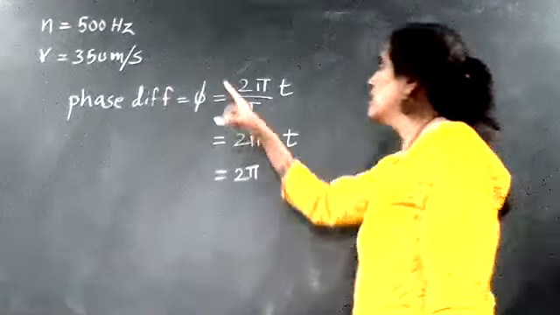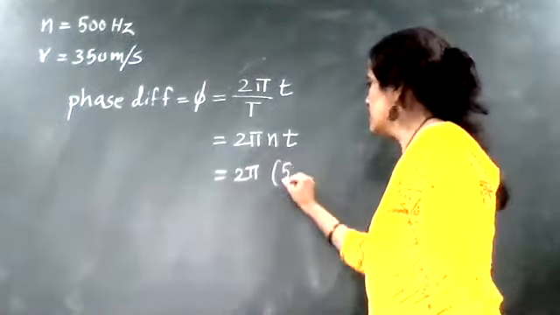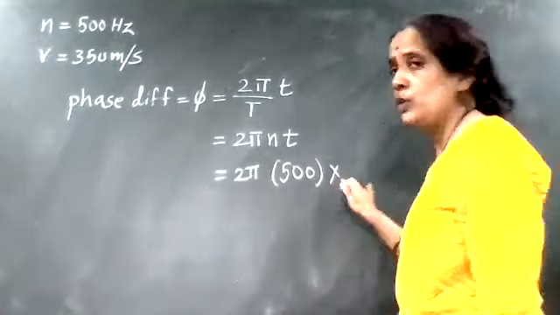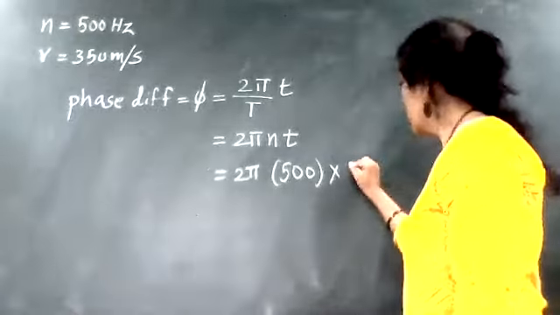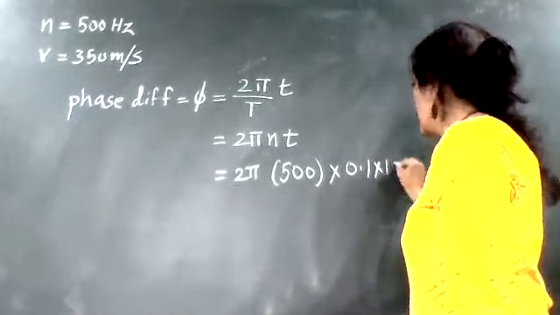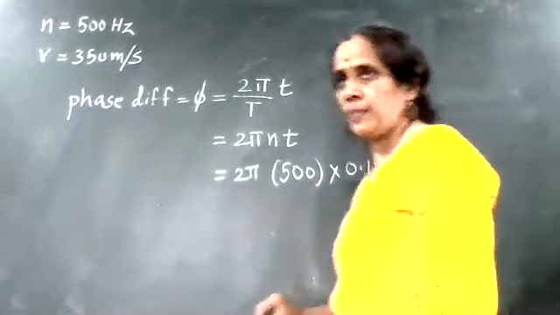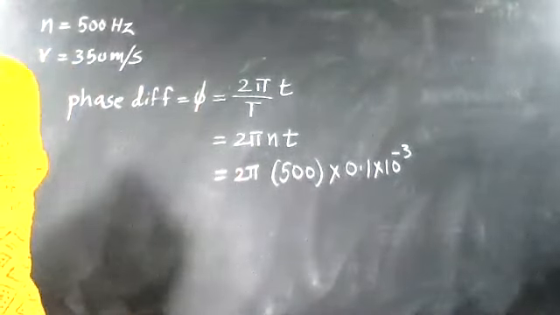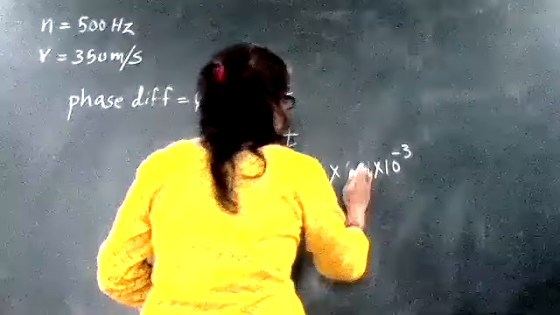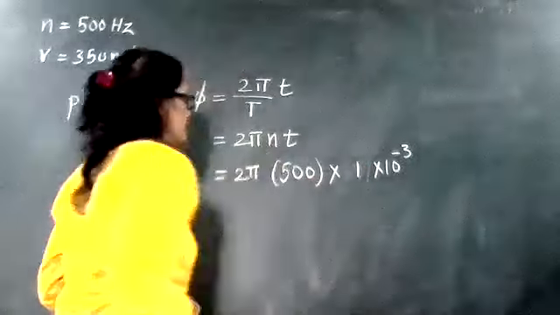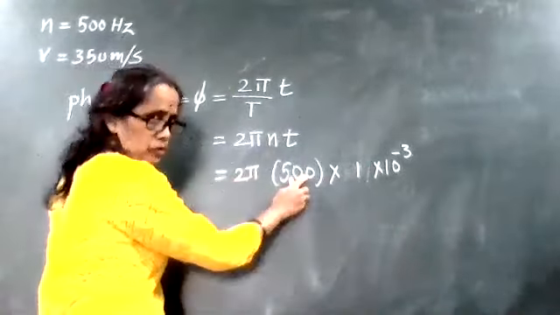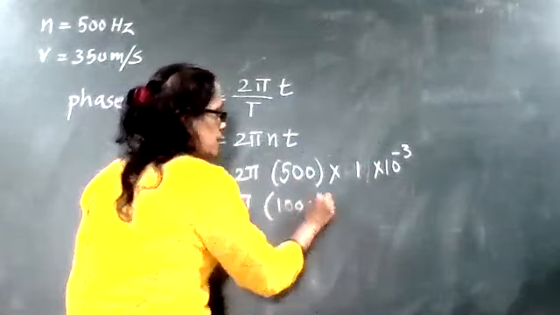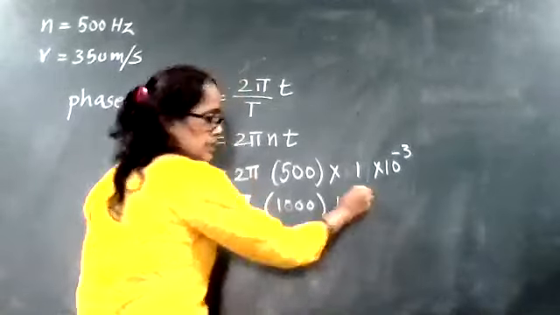What is n? n is the 500 hertz frequency, multiplied by the time, 1 millisecond, which means 1 into 10 raised to minus 3. So 2 into 500 is nothing but 1000, multiplied by 10 raised to minus 3.